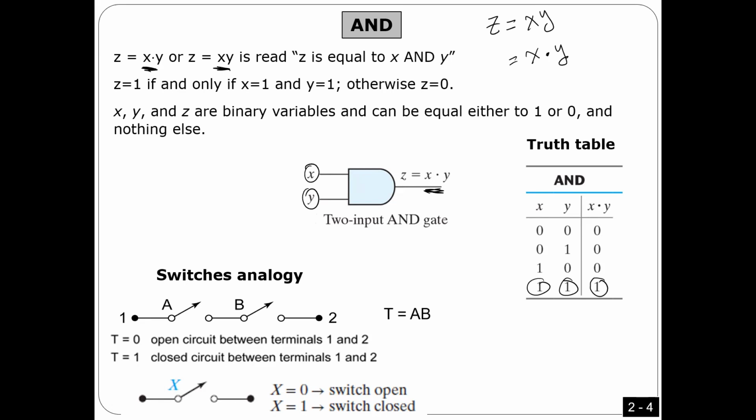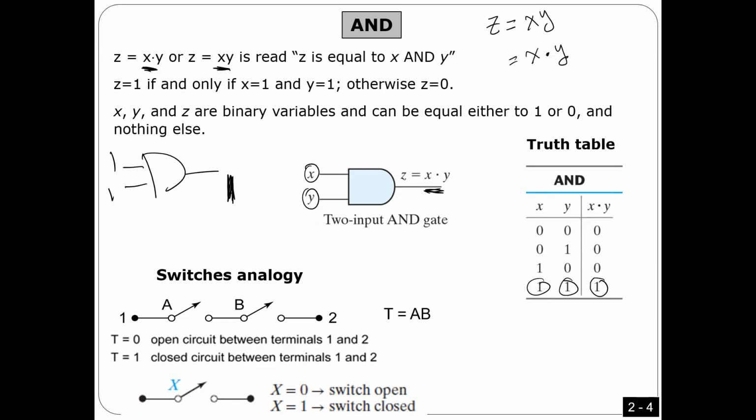So again, the way this logic works is very simple. Look here, guys, the only way to get 1 here is by having 1 and 1. Anything else is 0, right? I'm gonna say it in a different way, and this can make the calculation easy if you understand it.